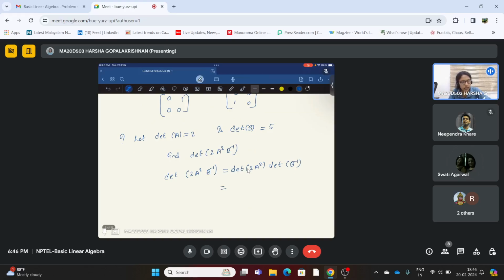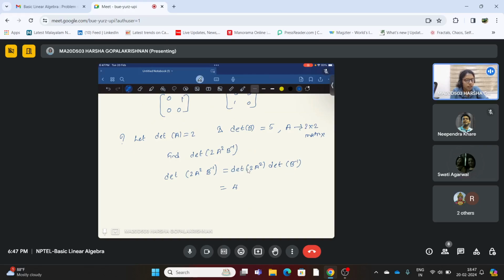In the next stage, 2A squared: let A be a matrix, suppose a 2 by 2 matrix. I need the order of the matrix, correct? Suppose A is a 2 by 2 matrix. Now, what is the determinant of 2A squared? A is 2 by 2, so A squared is also 2 by 2.